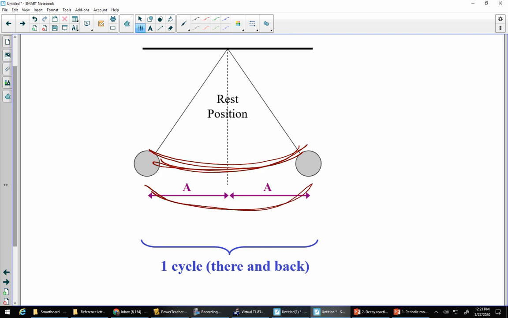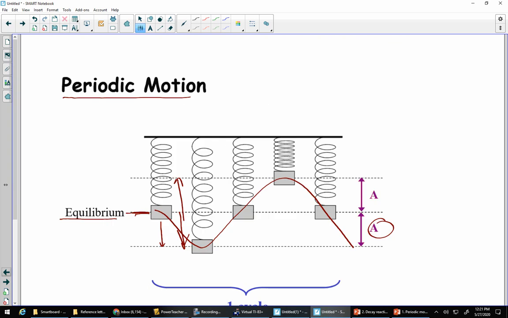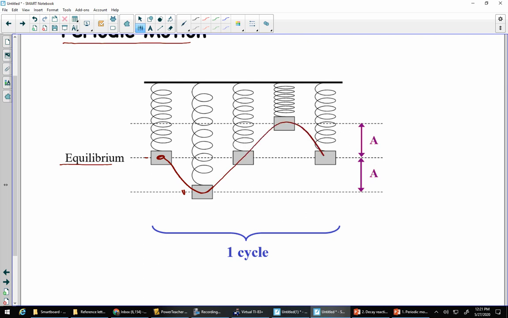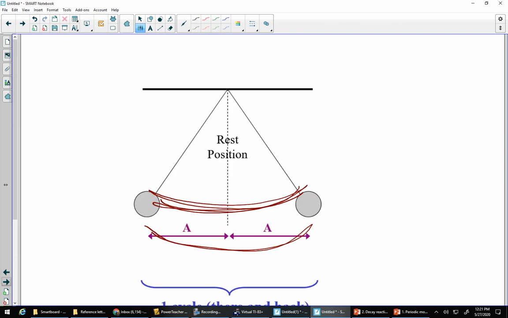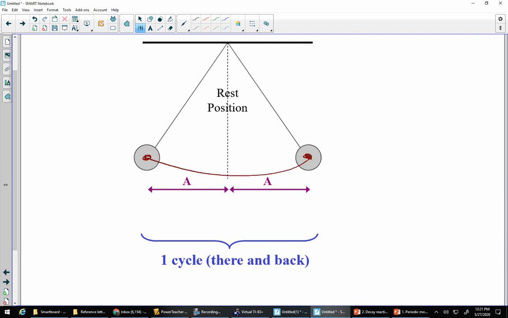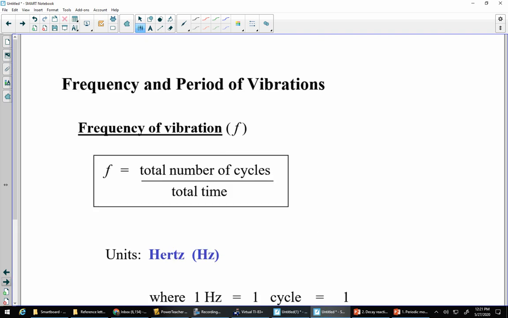So from its starting position, all the way down to the bottom, all the way up to the top, and then back to its starting position. So from the start, through every position, and then back is one cycle. We could do the same thing with this wave: from the start, through every single position, and then back to the original spot is one cycle of the wave.